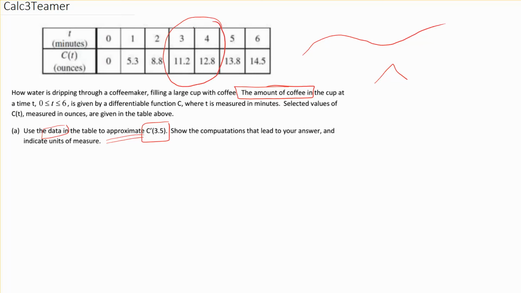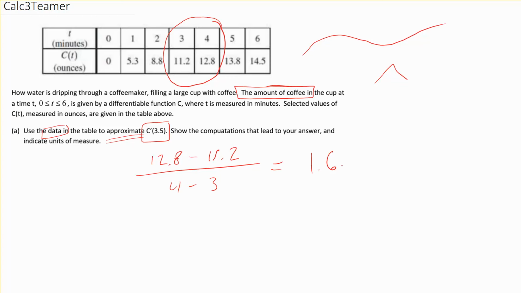They're always going to do something like that, and you're like, 3.5 isn't in the table. Well, 3 and 4 is. So if we just do y minus y over x minus x, we'll get 1.6.